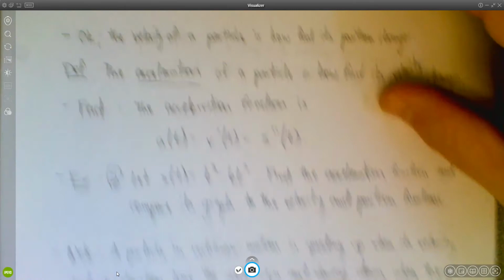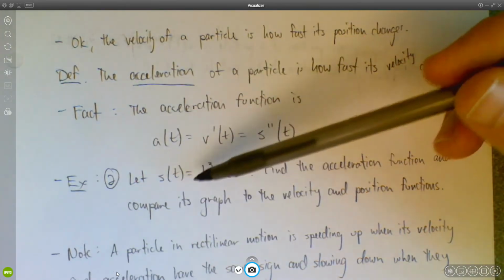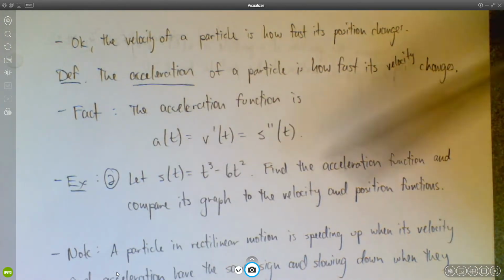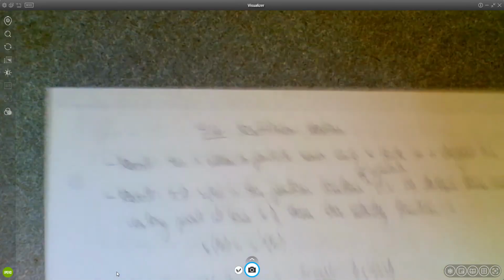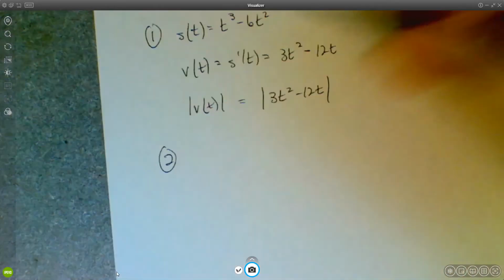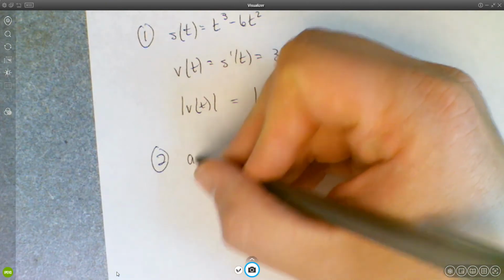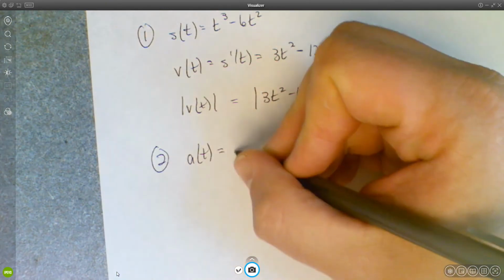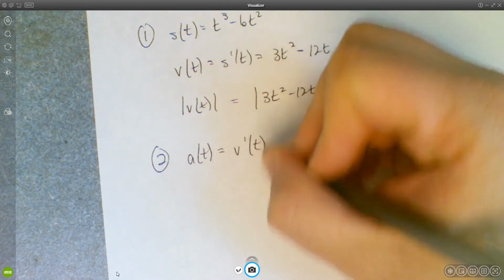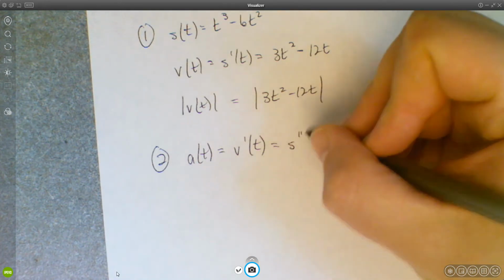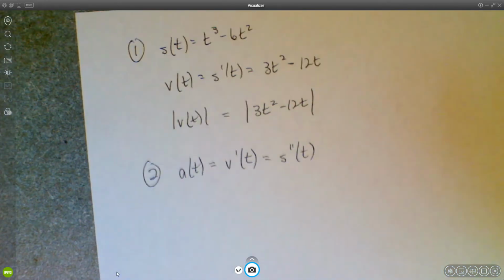So again, let's say that our position function is t cubed minus 6t squared. Let's find the acceleration function, and we'll compare its graph to the velocity and position functions. So same position function, s of t equals t cubed minus 6t squared. The acceleration function is the derivative of the velocity function, or the second derivative of the position function, if you like.